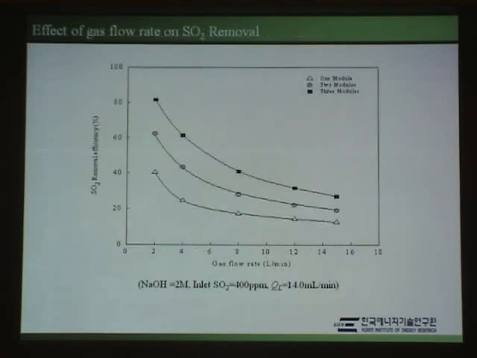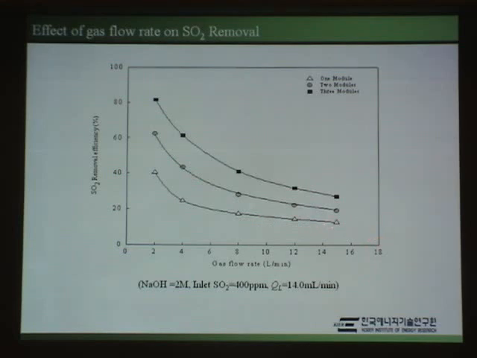Now this is the effect of gas flow rate on the SO2 removal efficiency. Gas flow rate changed from 2 to 16, about 15 liter per minute. SO2 removal efficiency decreased with the increasing gas flow rate, and it is due to the residence time of the gas being quite low at high gas flow rate.